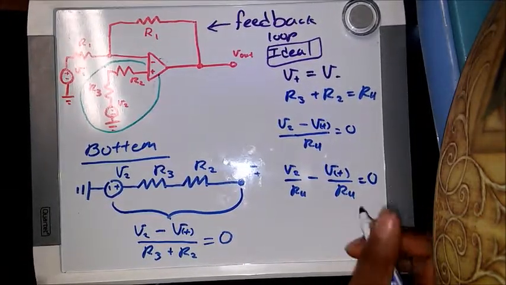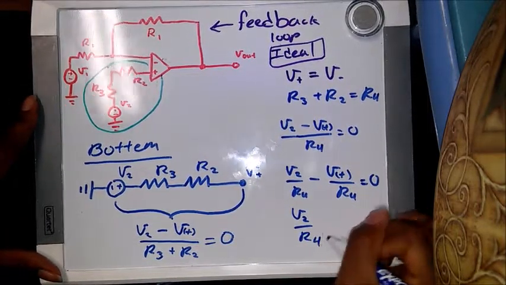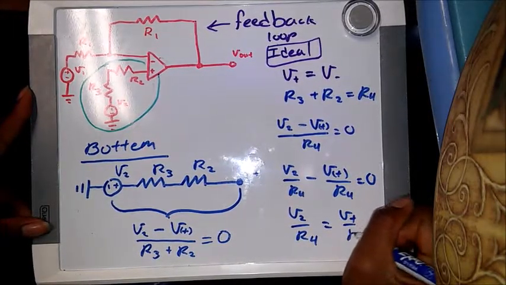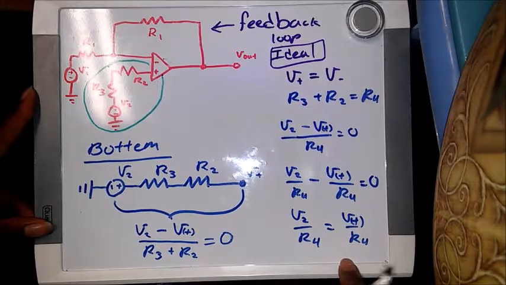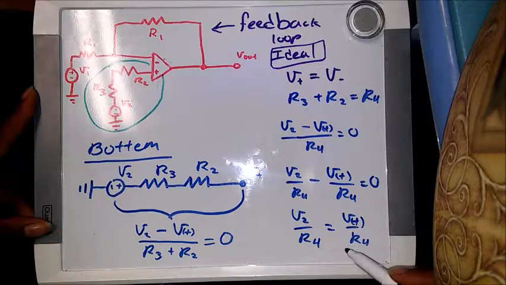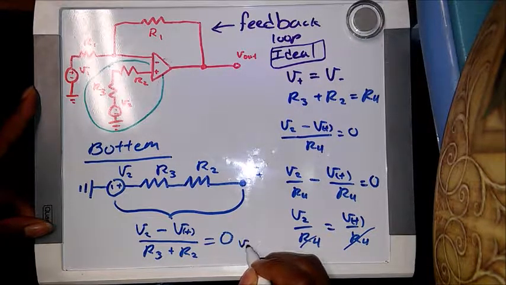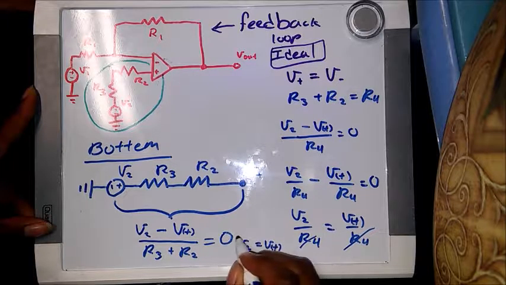We can move this term to the other side. So V2 over R4 equals V plus over R4. They both have R4 on the bottom, so we can multiply both sides by R4, which gets rid of that. And what we're left with is V2 equals V plus.